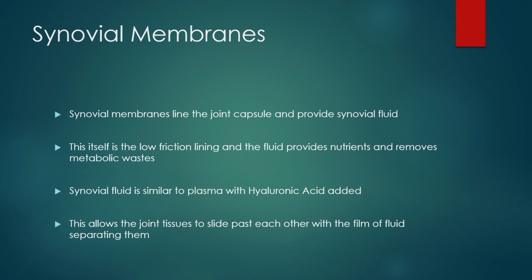The synovial membrane produces the synovial fluid, which lubricates the joint, reduces friction, and lets that disc slip around like it's supposed to. Synovial fluid is basically plasma with hyaluronic acid. So it's actually what supplies the nutrients to the surfaces of the joint, okay?